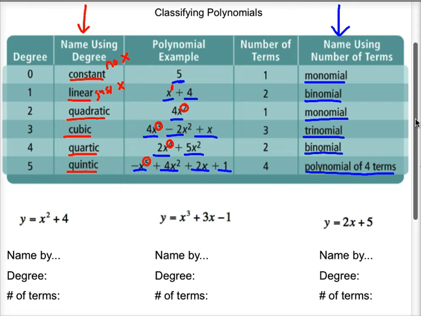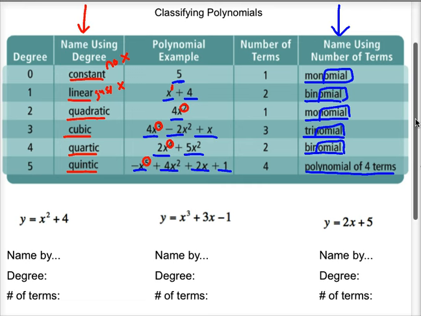Now, something that I want you to recognize here is notice all of the names based on number of terms end in nomial. Okay, they all have that in common. So when you're naming by number of terms, that's the nomial name. Monomial, binomial, trinomial.